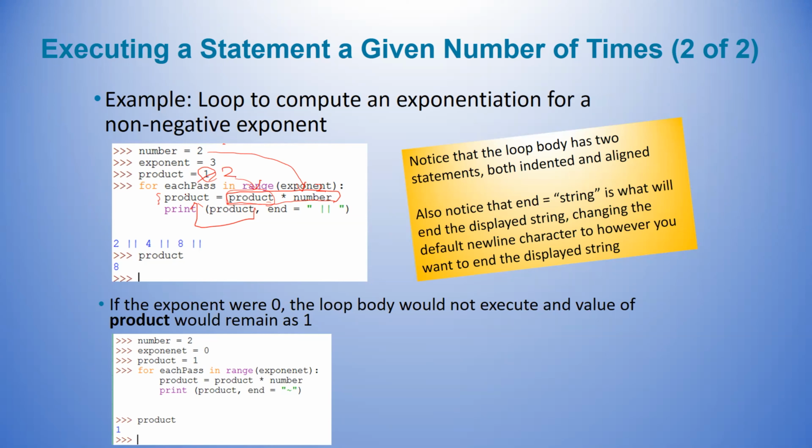And then it prints out product, which is 2. And then insert this, insert that there. And a space, space, right? And then it goes back here and sees if it's already 3 times. It's not, because it's counting each pass. Each pass will become 1.